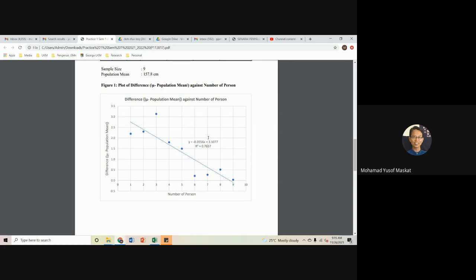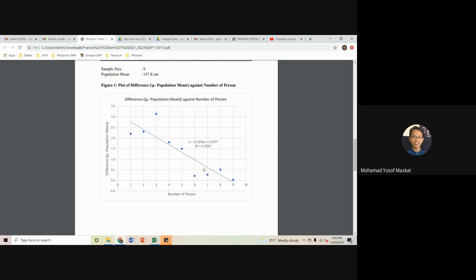But we are still better off by taking more than one sample, because in most cases it will improve our estimation of our mean closer to the actual population mean. So this is just to demonstrate to you the effect of replication and also the importance of doing replication.